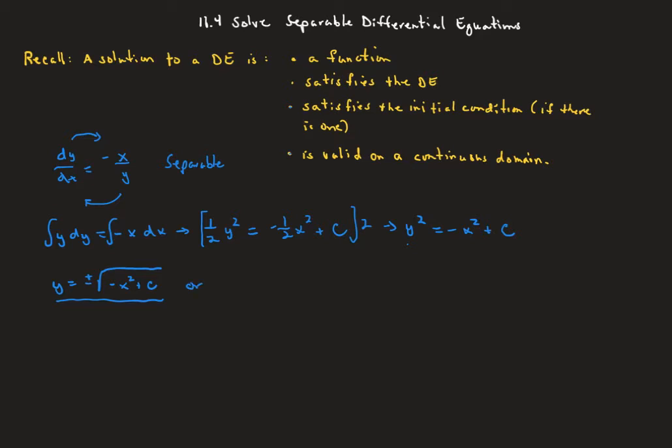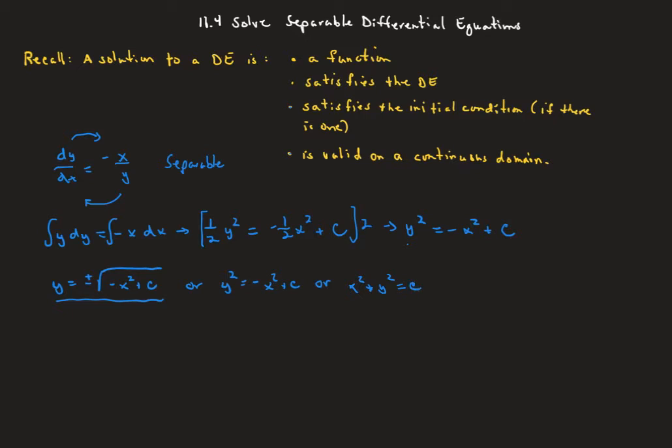Alternatively, you could just leave it as we had it, as y squared is negative x squared plus c, or, it might look a little more familiar, you could add the x squared to the left side and write that as x squared plus y squared equals c.